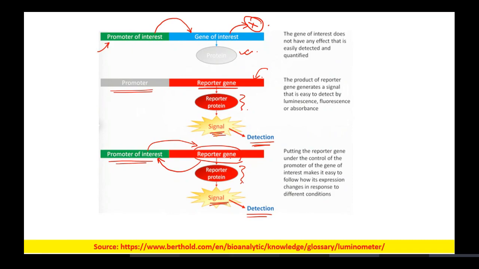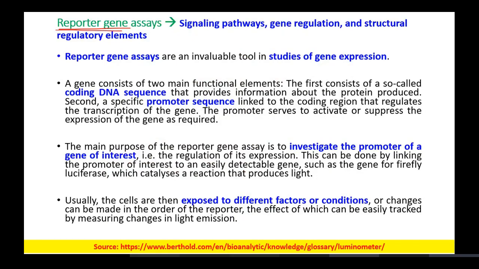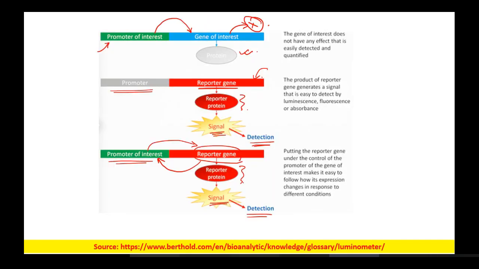Usually, say in a chemical analysis assay, there will be some chemical reaction, and whatever information is there, we directly relate that with that assay. However, in this case, we are not directly analyzing the activity of the reporter gene. We are using the reporter gene as a tool to understand the activity of the promoter gene. I hope all of you have understood.